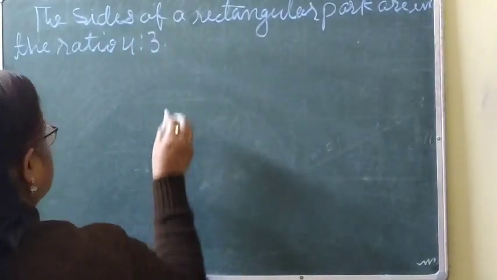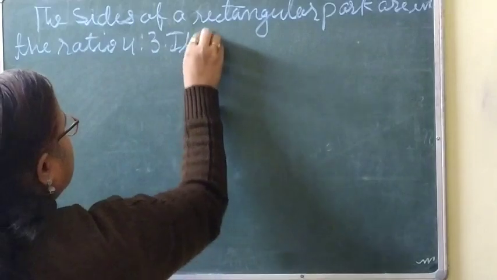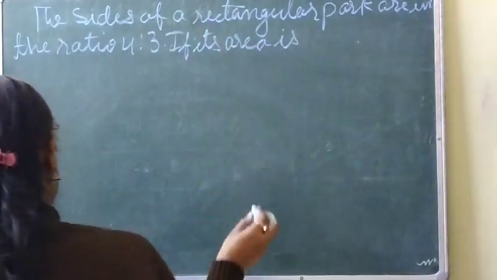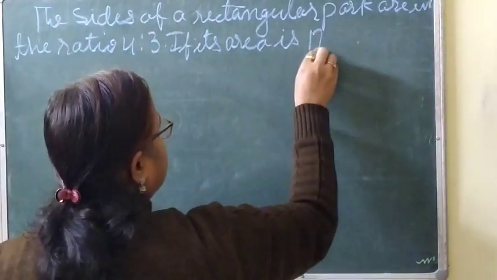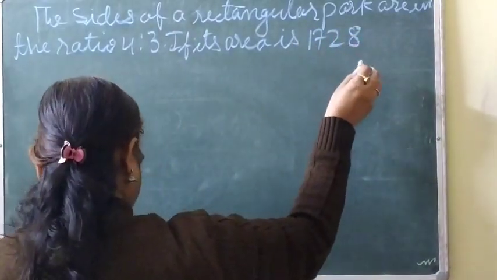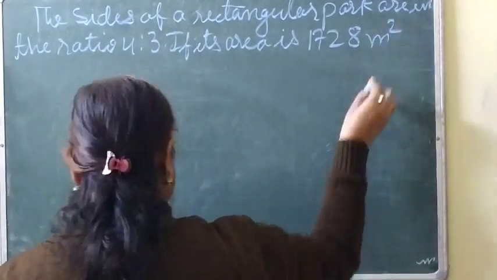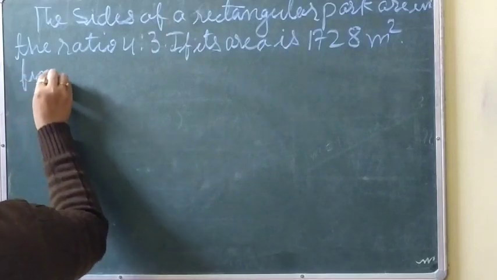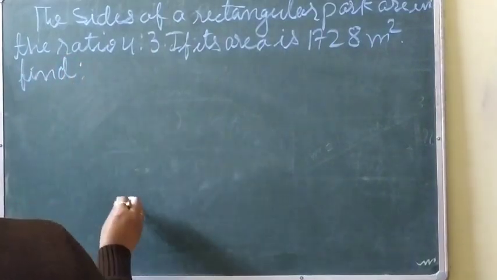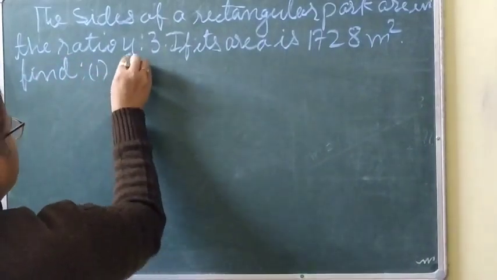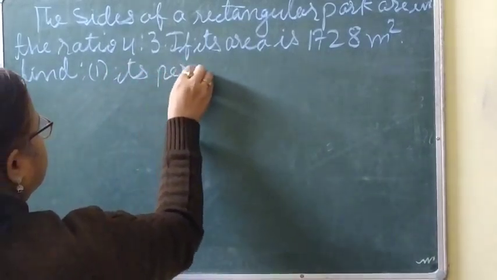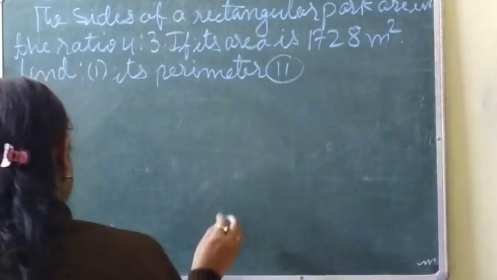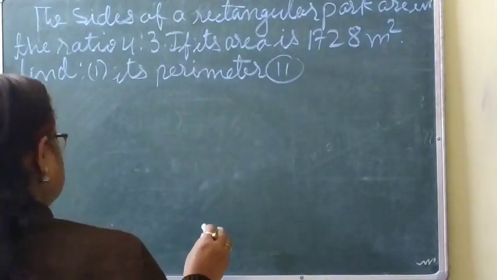If its area is 1728 square meter, find first its perimeter, and second, the cost of fencing it.